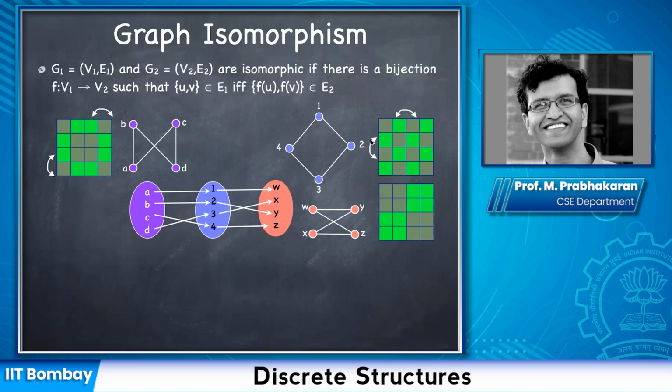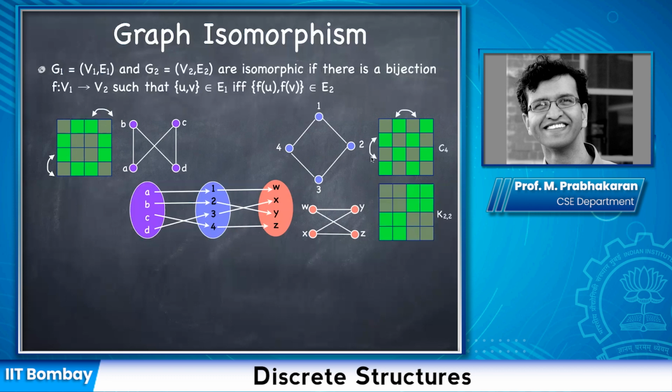And here, flipping 2 and 3, reordering 2 and 3, if you reordered the rows and columns of this matrix, you would end up with this nice looking matrix, which shows that it's a bipartite graph. There are no edges within the first part. There are no edges within the second part, and it's a complete bipartite graph.